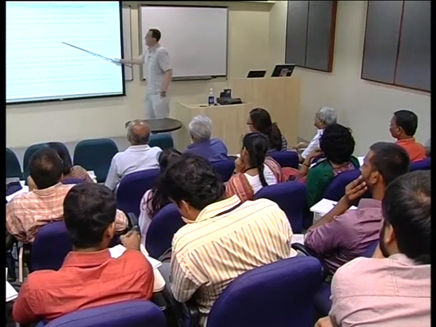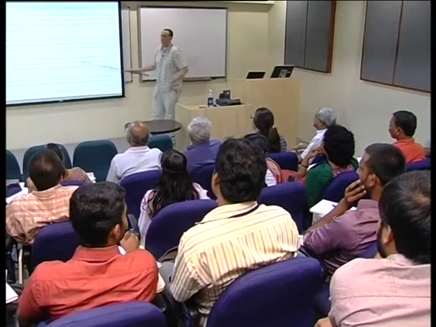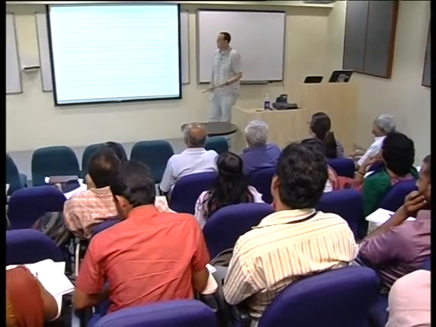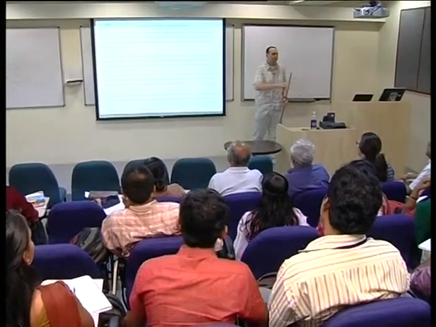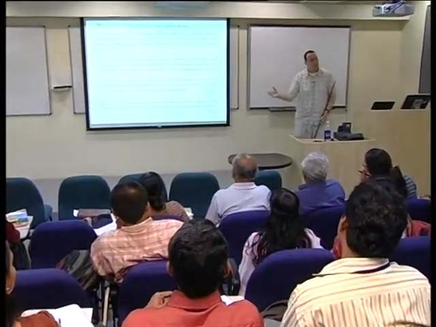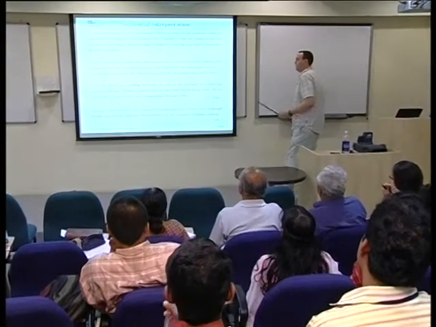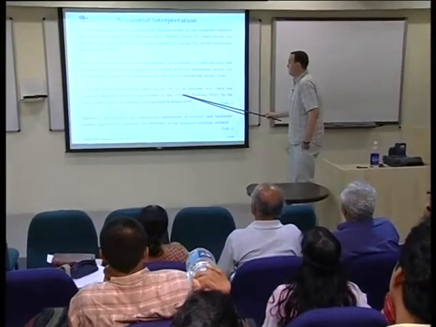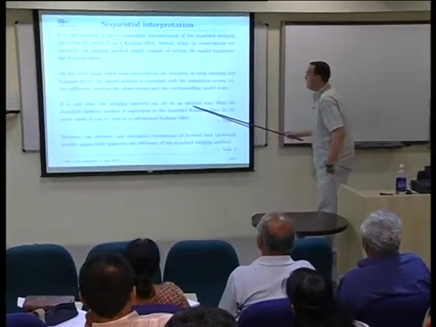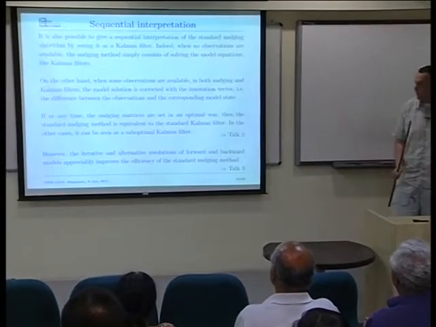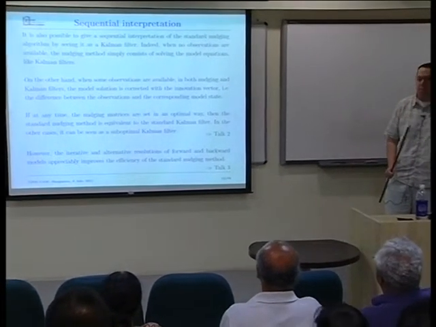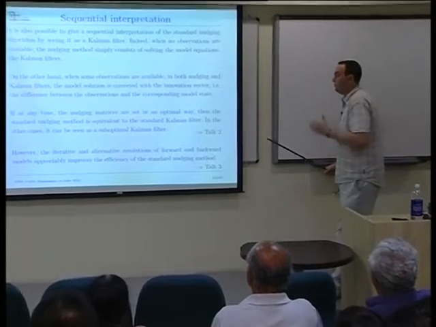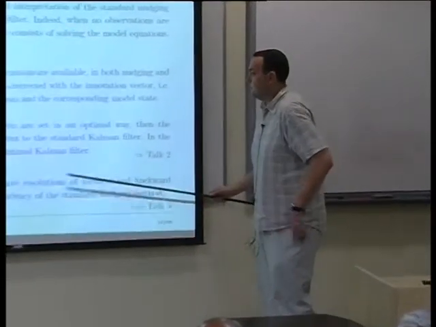So in both nudging and Kalman filters, the model solution is corrected with the innovation vector, which is the difference between the observation and the corresponding state. We will see tomorrow that if the nudging matrices are set in some optimal way, then we find the standard Kalman filter.